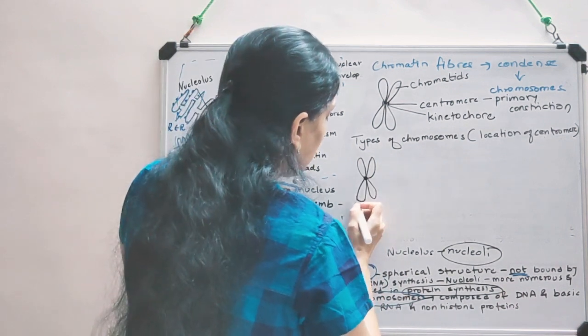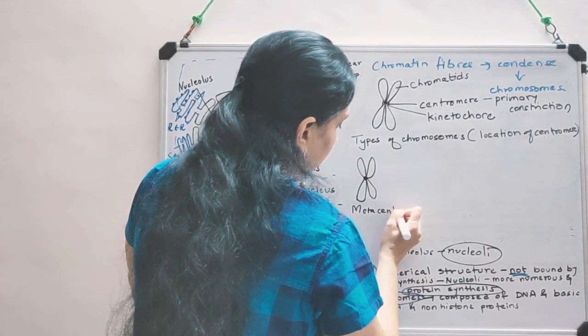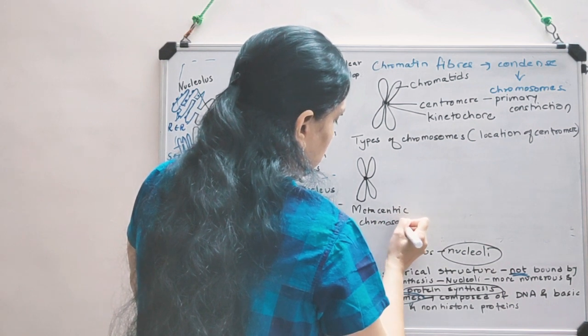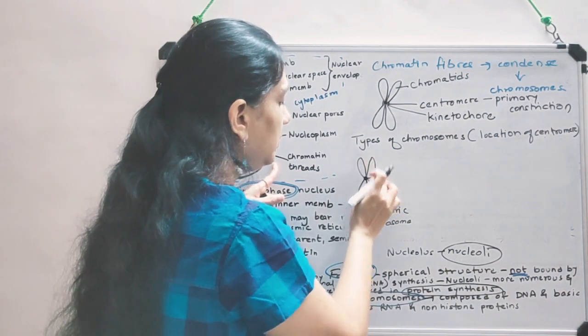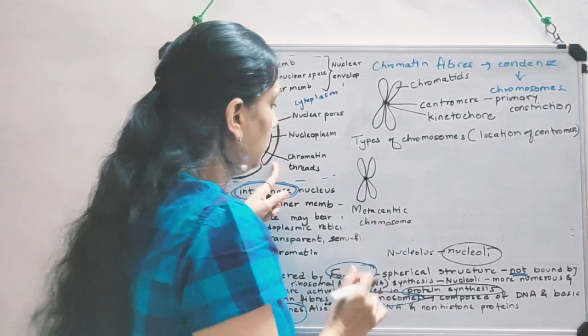So this is called a metacentric chromosome. Okay, you can see the centromere is in the middle. Both the arms, that is upper and lower, are of equal length.